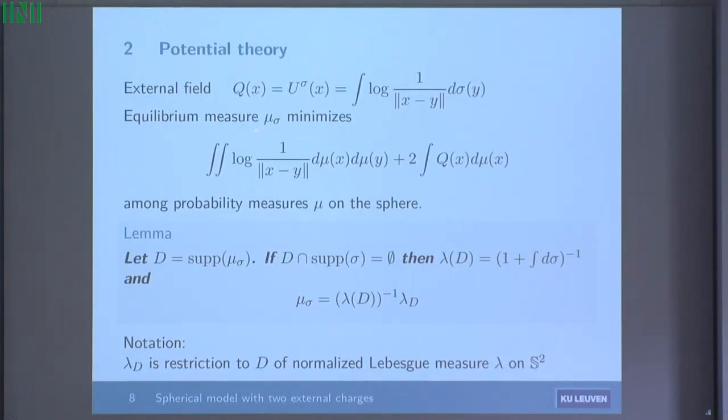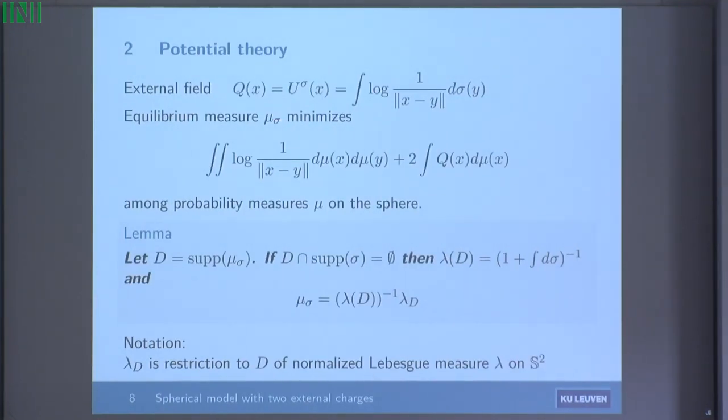And there is an equilibrium measure that depends on this sigma and minimizes this double integral, this logarithmic energy, with respect to some probability measure mu, and this external field term that involves this function Q, which is in itself some potential for our purposes.